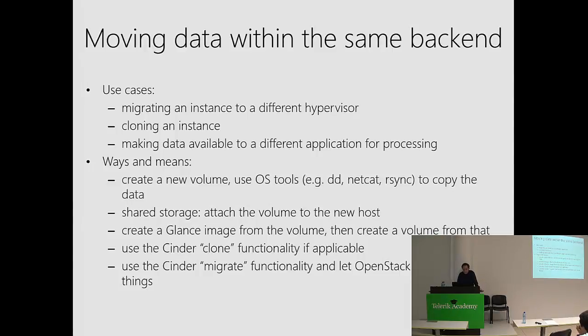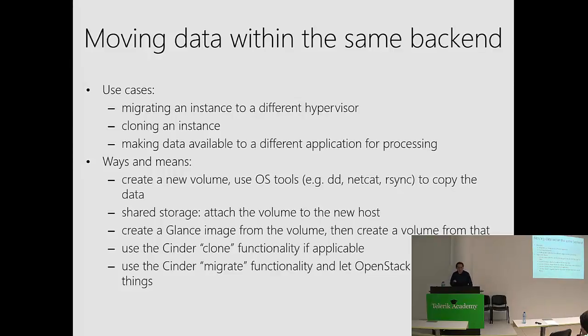moving data operation. There are some somewhat naive solutions, like creating a whole Glance image and then creating a volume from the Glance image onto the new backend, which is almost certain to work. It's just not always optimal.